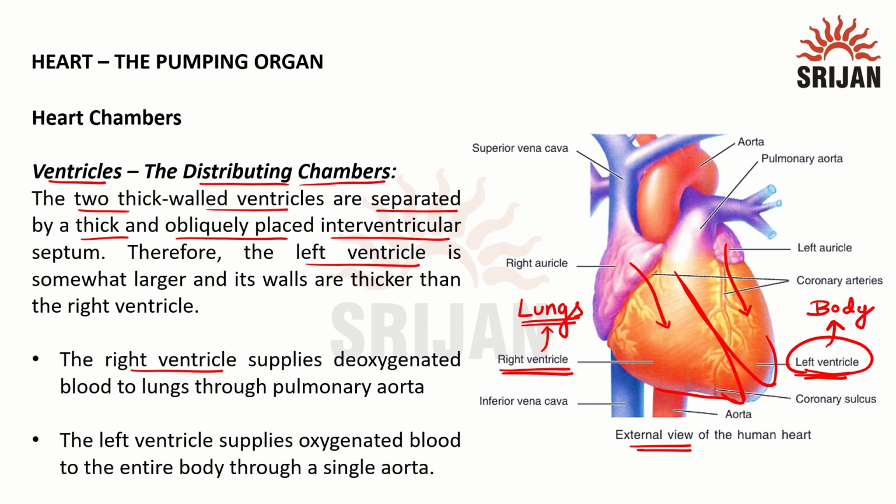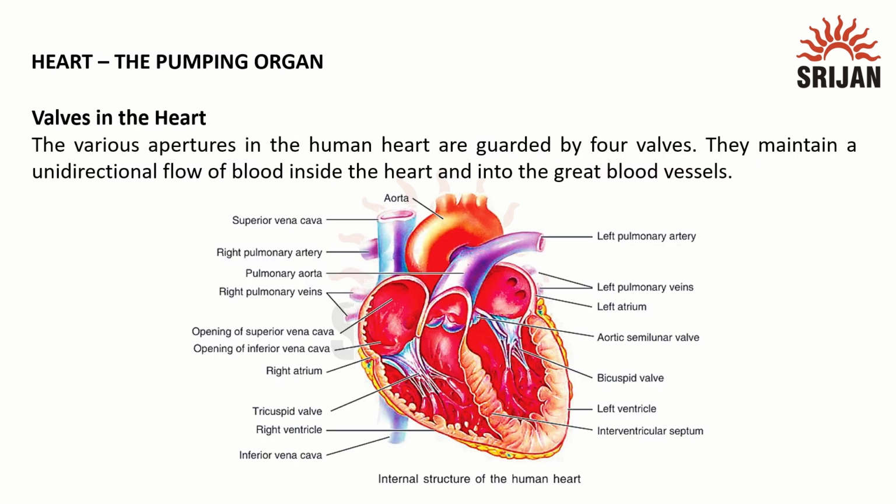Now, right ventricle supplies the deoxygenated blood to the lungs through pulmonary aorta, whereas left ventricle supplies oxygenated blood to the entire body through a single aorta. Within the sectional view, the atrium pumps blood to ventricles, and ventricles will pump it out through the pulmonary artery and aorta.